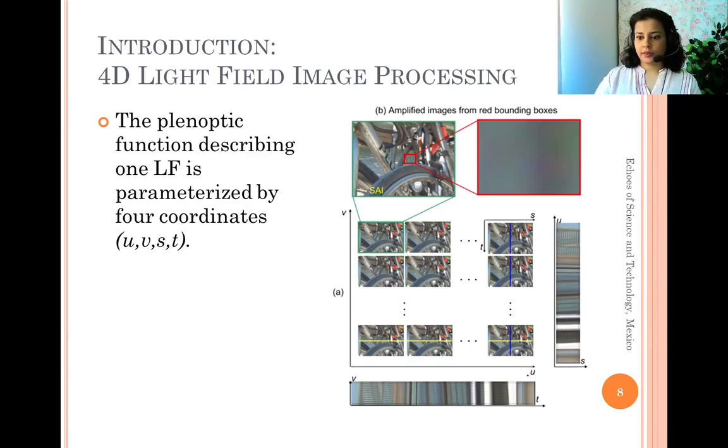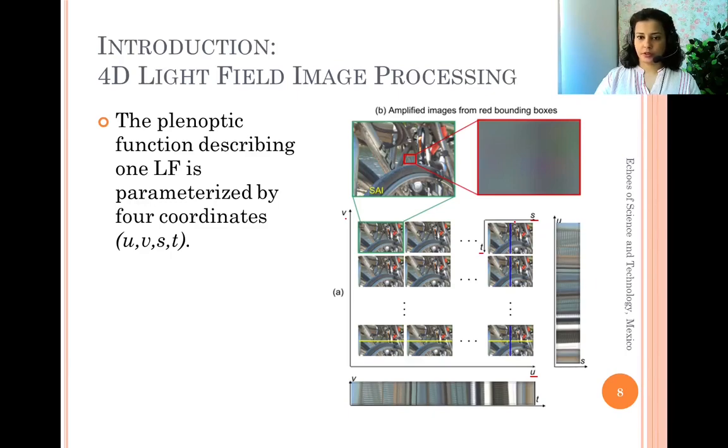As you can see in this image, we have u, v, and s, t planes. The UV plane gives angular and spatial information of a light field image, and you can see that inside the UV plane a two-dimensional grid of all subviews is displayed, and the resolution of each single view is represented by the coordinates s and t. So UV and ST are two different representations of a light field image.